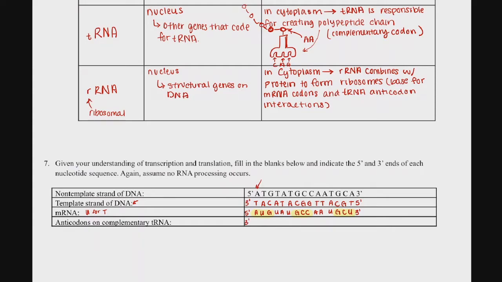So the anticodon, complementary to this guy, would be U, A, C. And remember, this is tRNA, so we're still using U. A, U, A, C, G, G, U, U, A, C, G, A. Oh, I realized I got something wrong. This is actually supposed to be A, and this is supposed to be U.